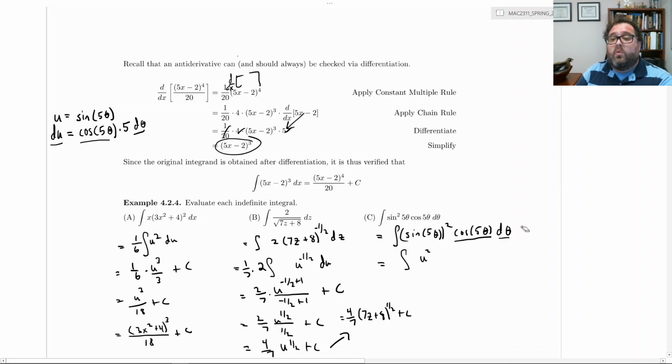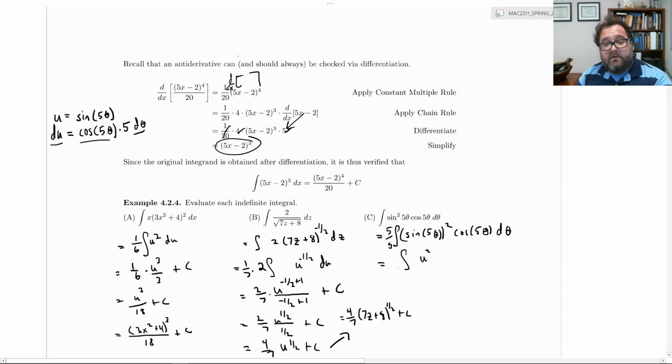So what do we do? We do that same thing we always do. We multiply by our strategic version of 1, which in this case is going to be 5 over 5. Actually, I'm going to do it right here. Save ourselves a little room.